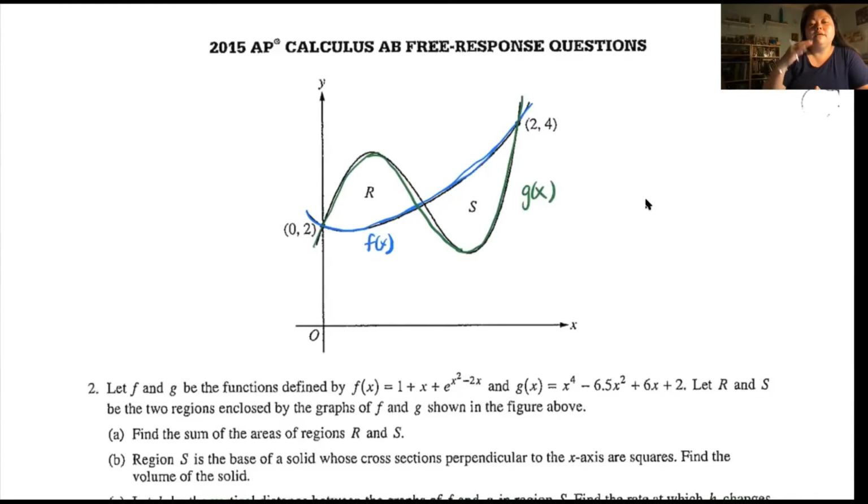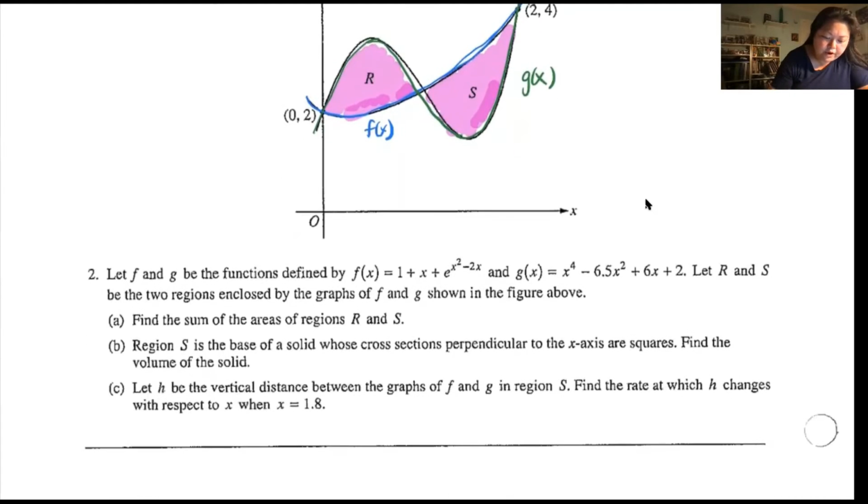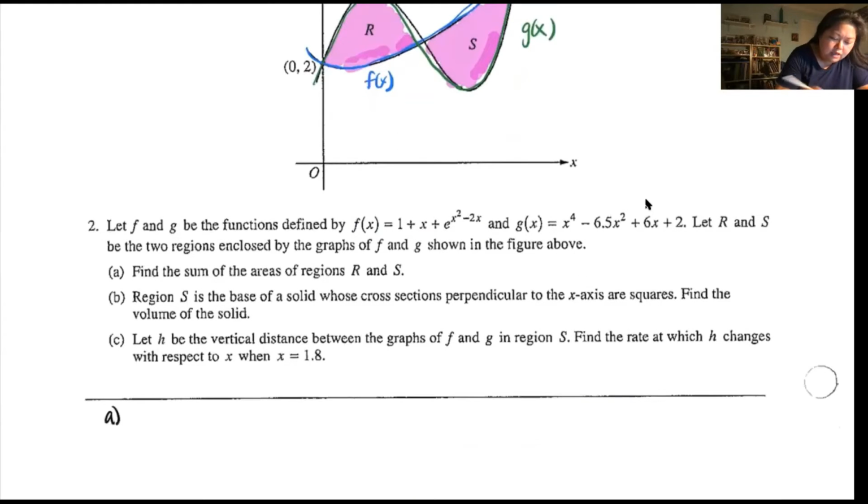Because of the way the graphs intersect each other, you're going to set up two integrals, alternating between top and bottom. In the first region here, you have the green on top and blue on the bottom, so you have g minus f. And in the second section, in the S here, you have the blue minus the green, so then you have f minus g.